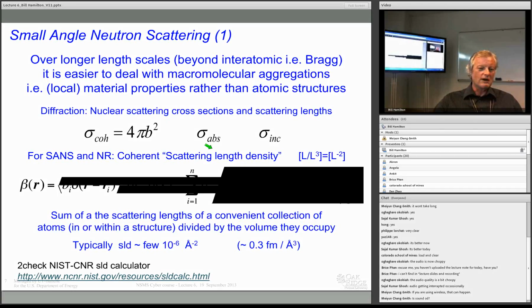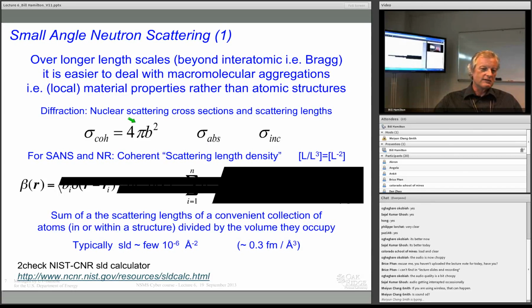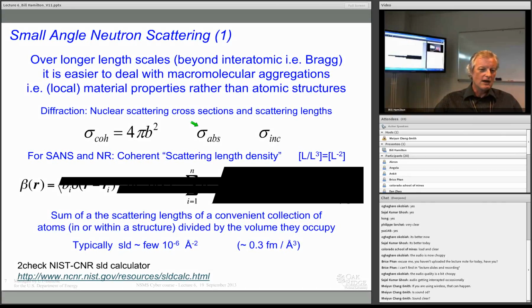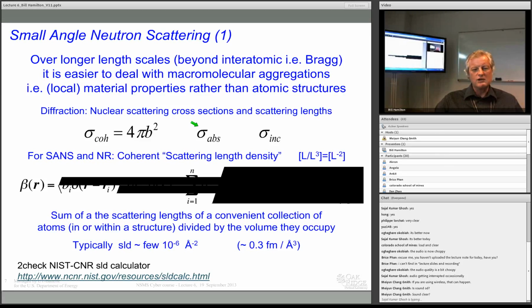We don't use the nuclear scattering lengths that give rise to the nuclear cross-section, absorption, and coherent scattering. We basically get to use an average of the scattering lengths over a volume, a convenient collection of atoms within a structure, divided by its volume.